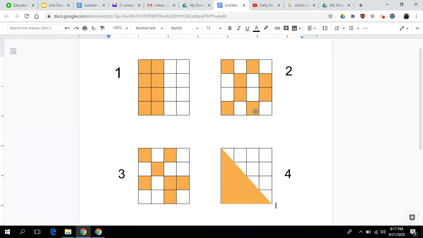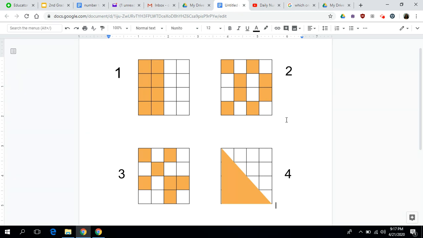And the only thing I can think of is that when you look at the shading, it's really a nice pattern that is reflected in the white as well. So the shaded in boxes going this way make the same pattern that the non-shaded in boxes make going the other way.